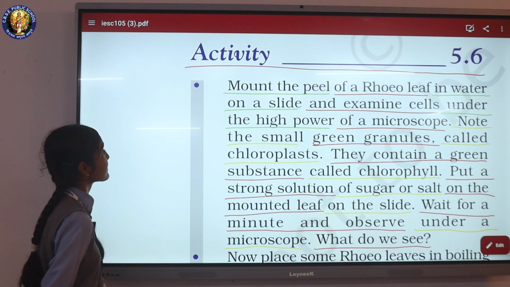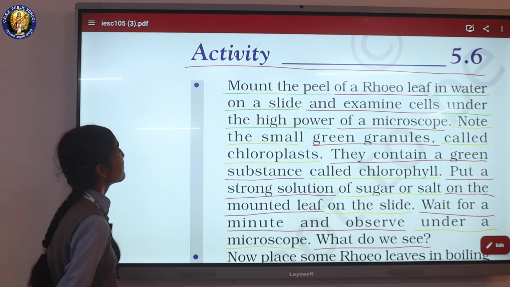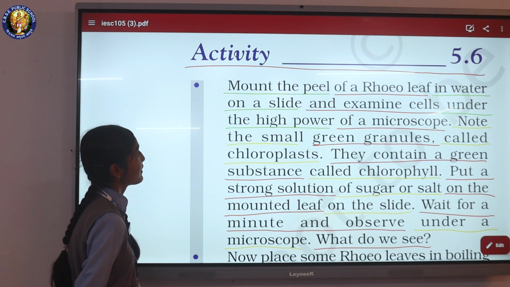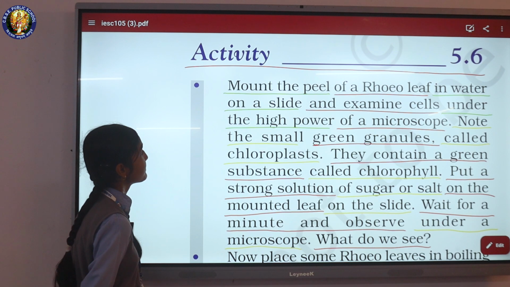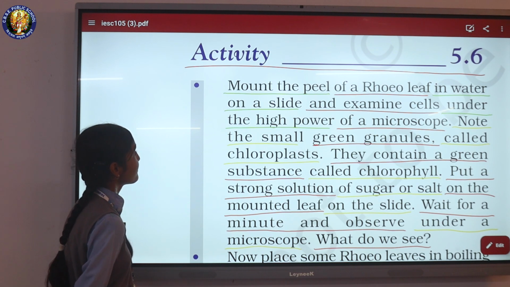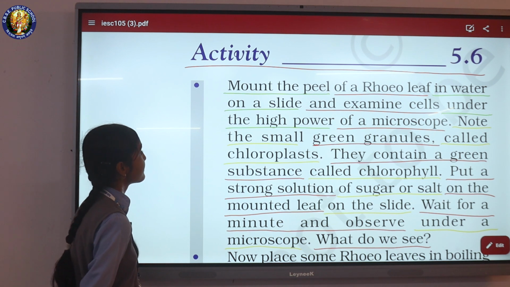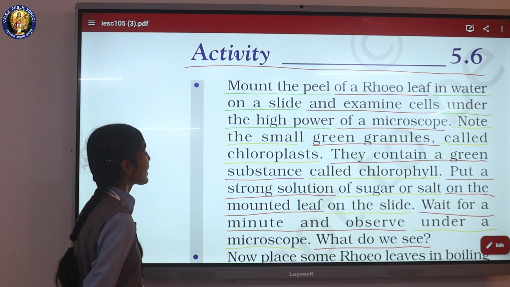Activity 5.6. Mount the peel of a Rhoeo leaf in water on a slide and examine cells under the high power of a microscope.